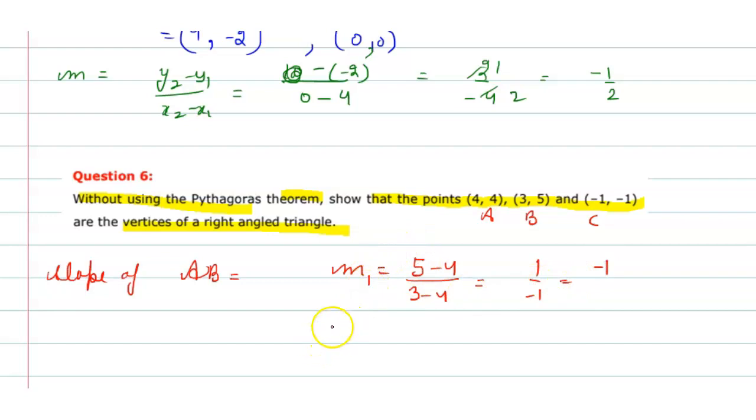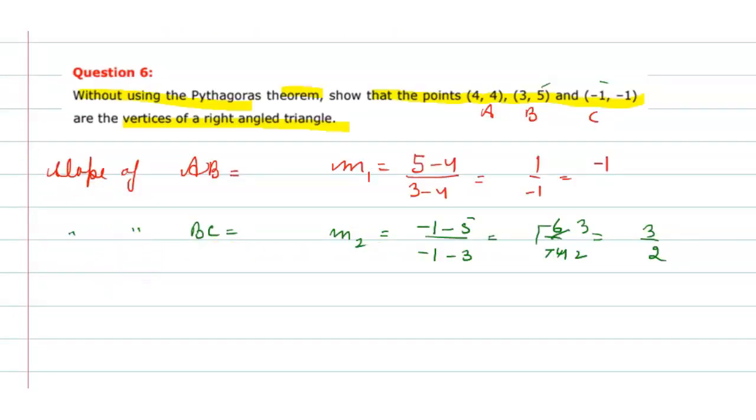This is M1. And second, the slope of BC, this is M2 = (y2 − y1)/(x2 − x1) = (−1 − 5)/(−1 − 3) = −6/−4. So 2 twos are 4, 2 threes are 6, so the slope is 3/2.